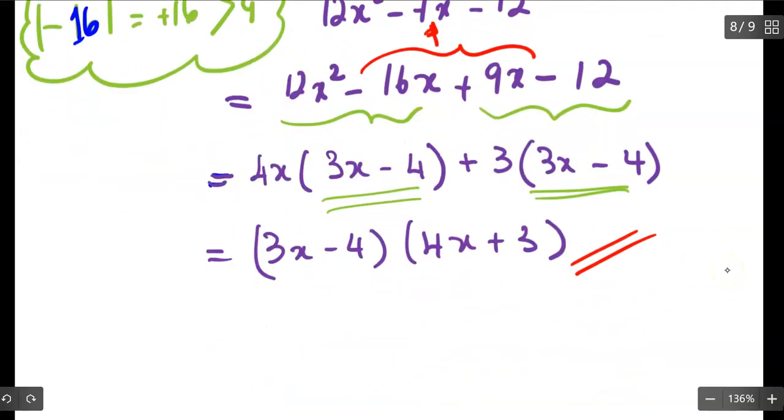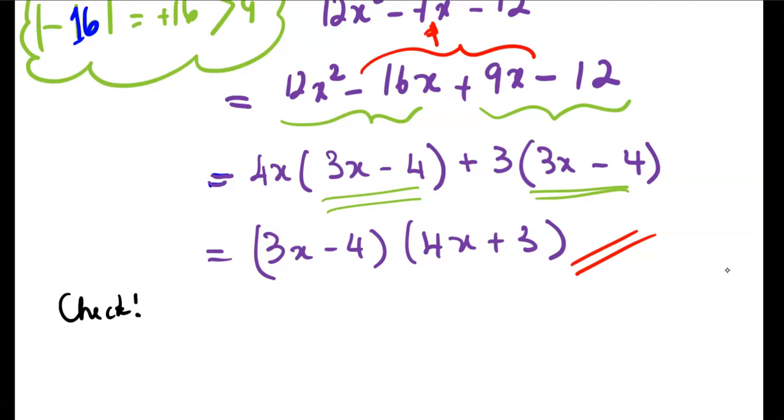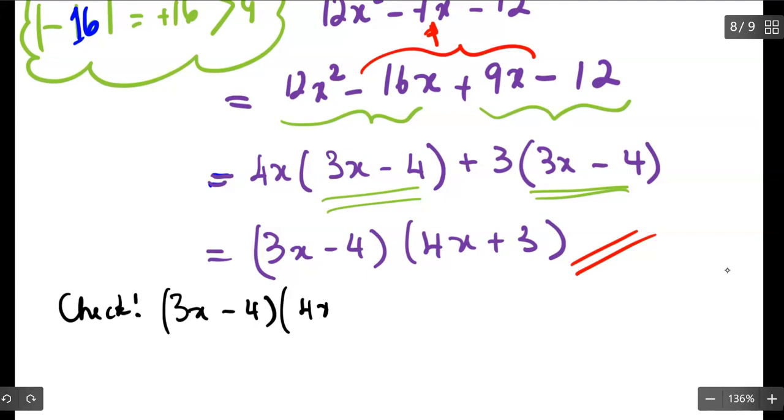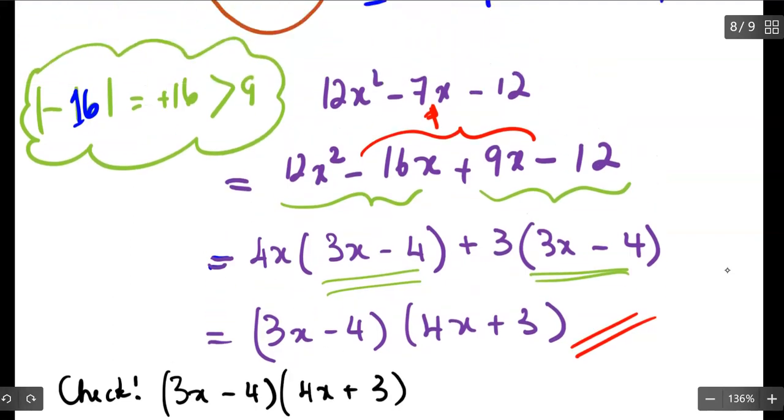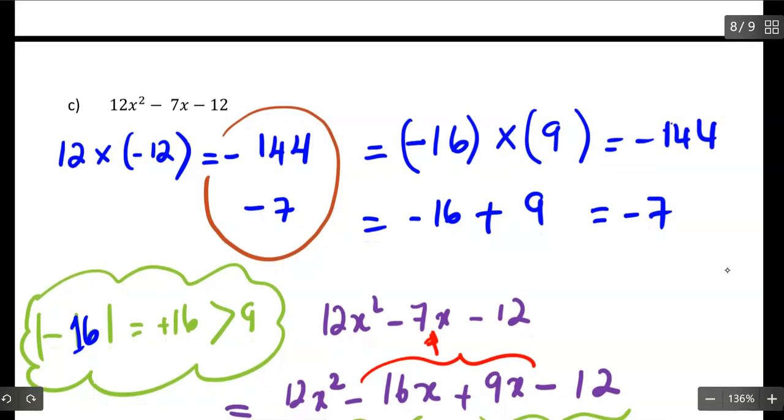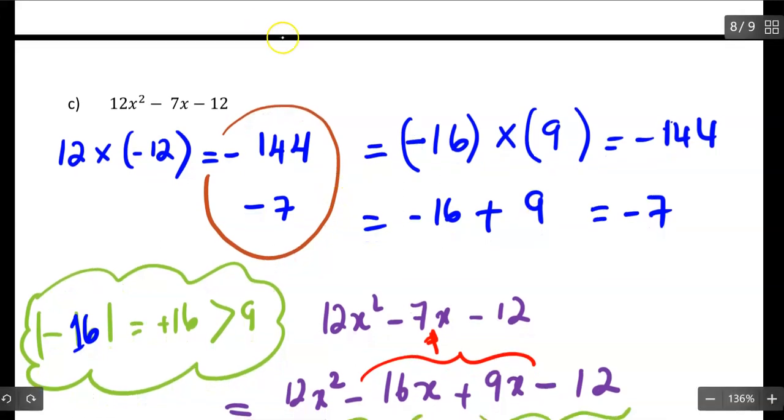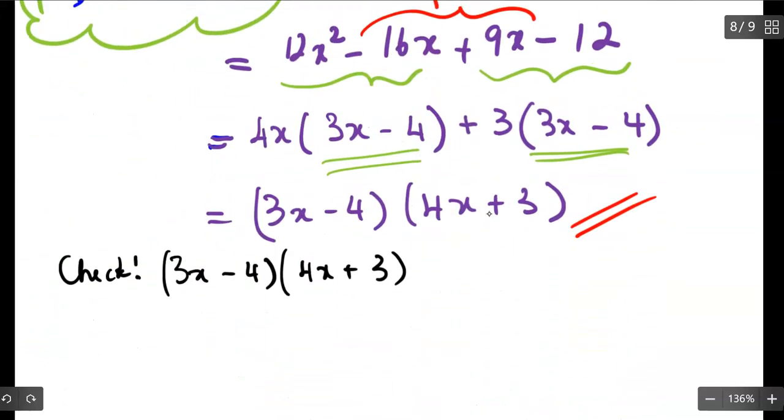Alright, so it's always a good idea to check, right? So why don't we double check by expanding our terms to see that we end up with the same original result that was given to us, the original expression. So we are going to get this times this, this times this, and so on.